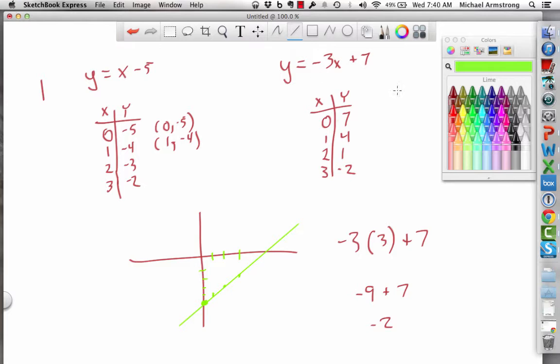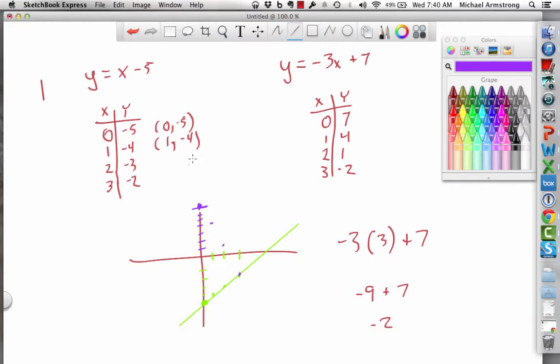And then if I draw this one, say in a purple or something, I've got 0, 7, it won't let me draw. Oh, because I'm on that one. Okay, 0, 7, and I've got 1, 4, and I've got 2, 1, and I've got 3, negative 2.